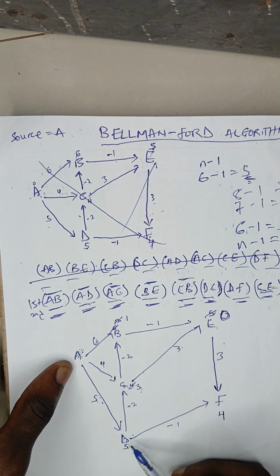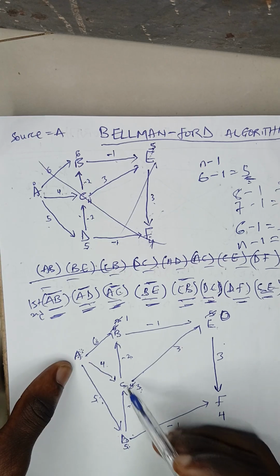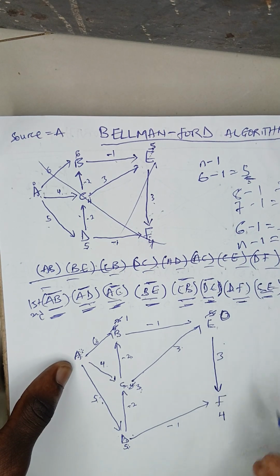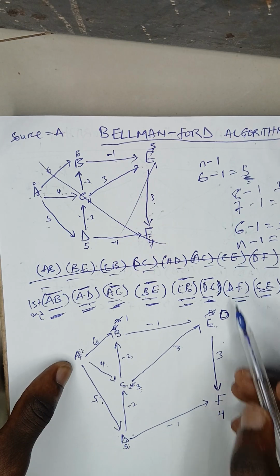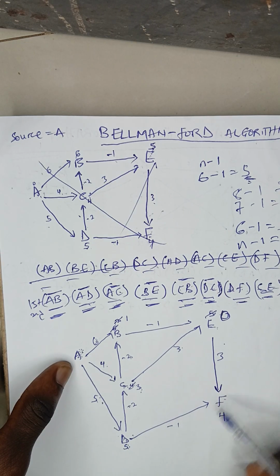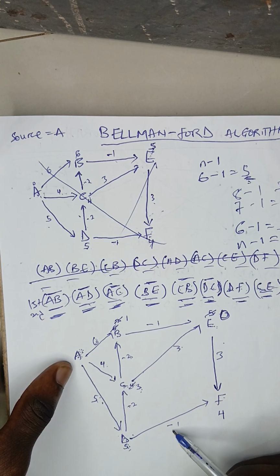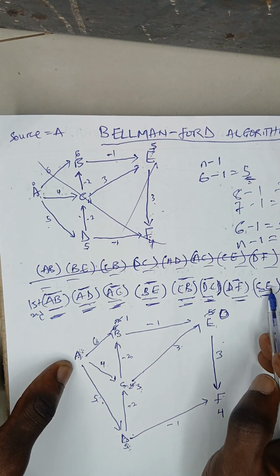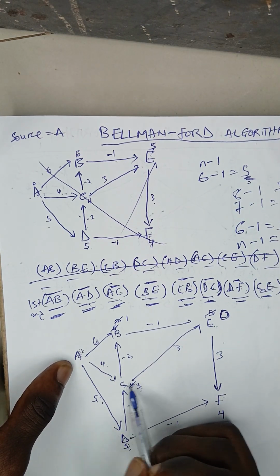DC. D is 5. 5 minus 2, 3. So you leave it. DF. D is 5. 5 minus 1. Here is 4. So you leave it. CE.